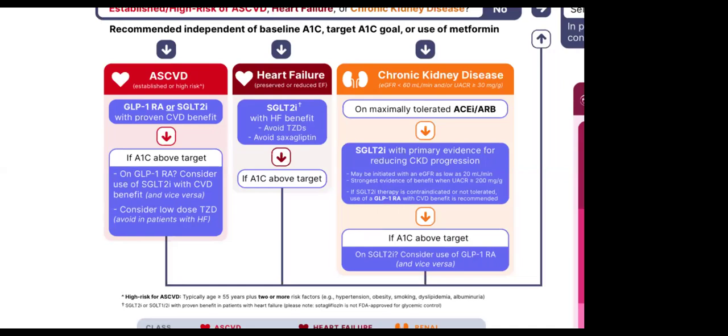In heart failure, SGLT2 inhibitors have benefits, though not all of them have benefit in patients with heart failure. You also want to avoid the thiazolidinediones, and saxagliptin as well cannot be given in these patients.